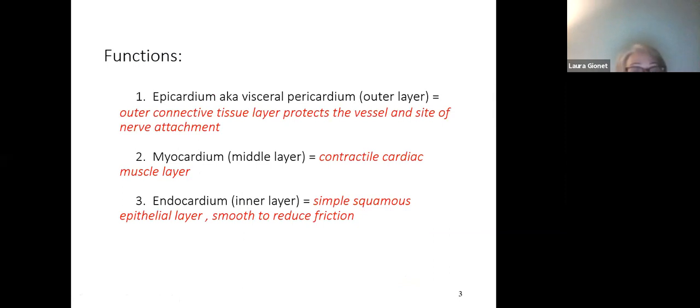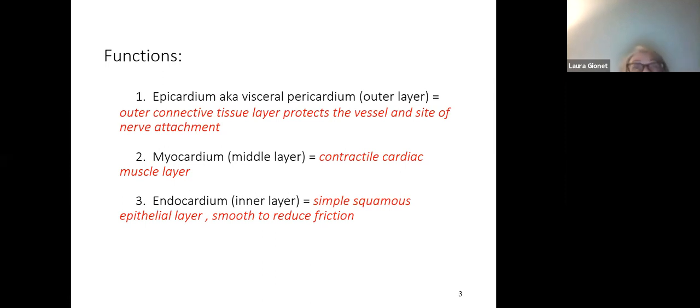So the epicardium, also referred to as the visceral pericardium, is the outer connective tissue layer that protects the vessel and the sites of nerve attachments. So, all outer connective tissue layers for organs serve really the same purpose.